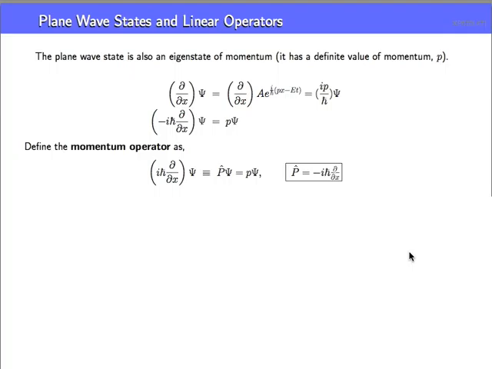The way we want to think about this wave function for this particular plane wave state, which is a very particular state, is that it has a definite value of momentum and a definite value of energy, and operating on it with these operators pulls down those values for the momentum and the energy. And so now we've just introduced this E operator, or energy operator, and the momentum operator.